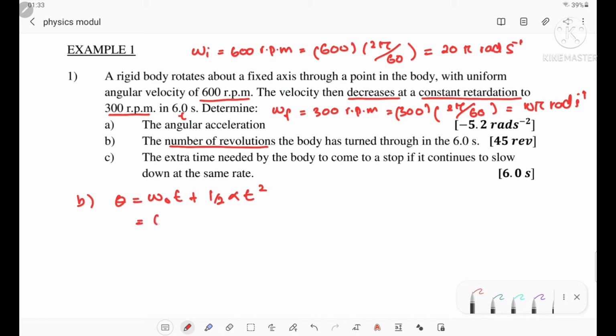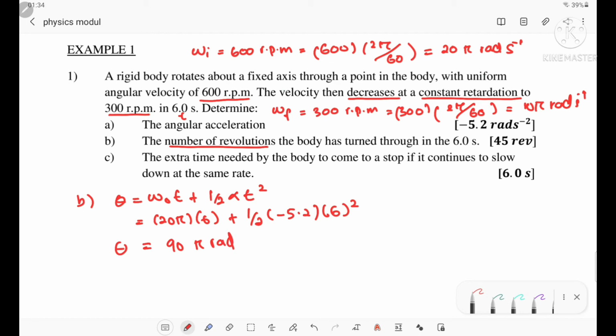Omega naught we have 20 pi and t we have 6 seconds, plus half alpha we got from the first question, which is minus 5.2, times t, which is 6 seconds. Don't forget to square t, and we get 90 pi radian.